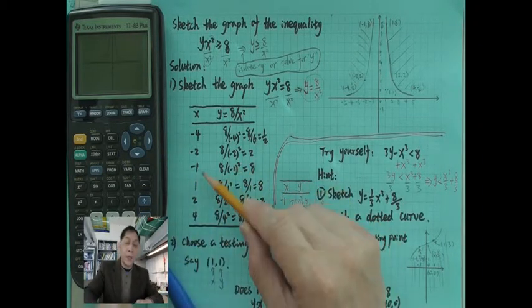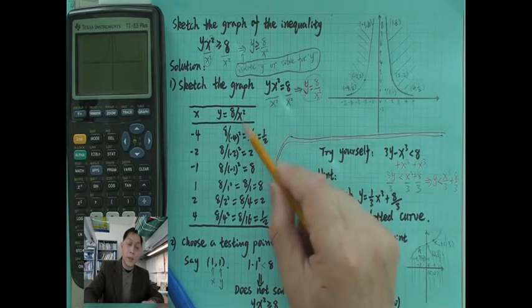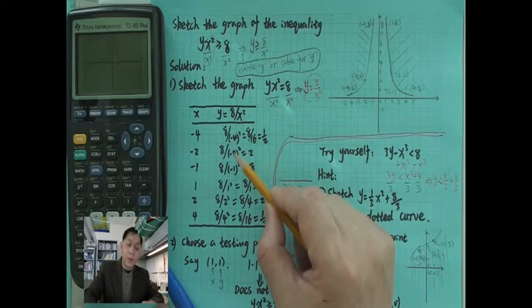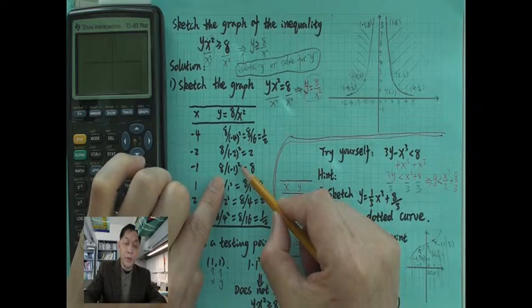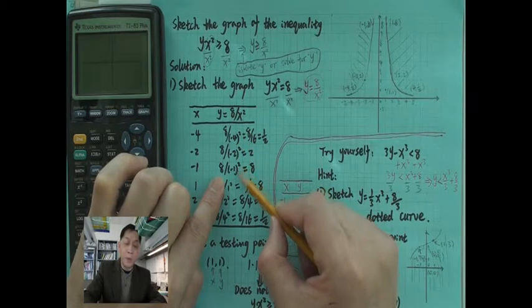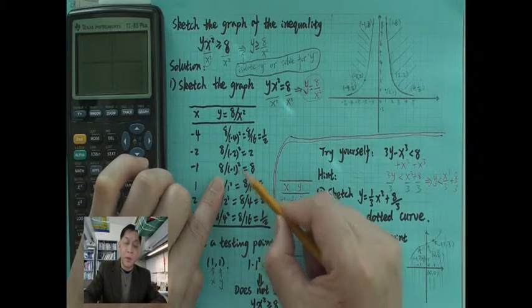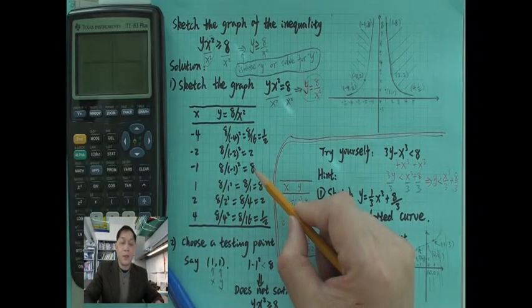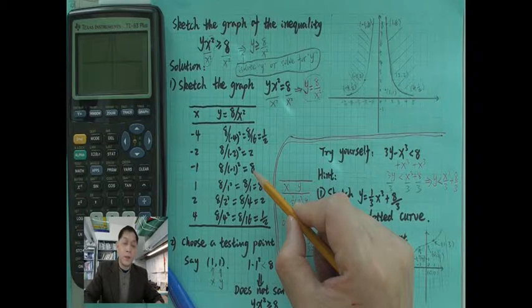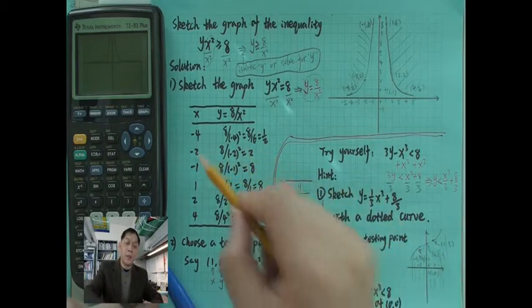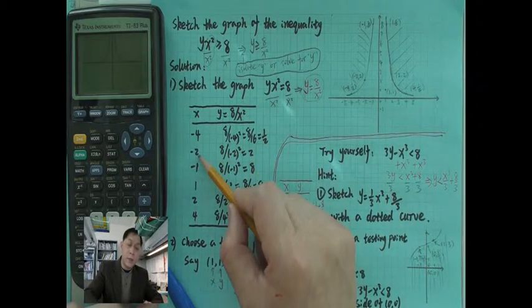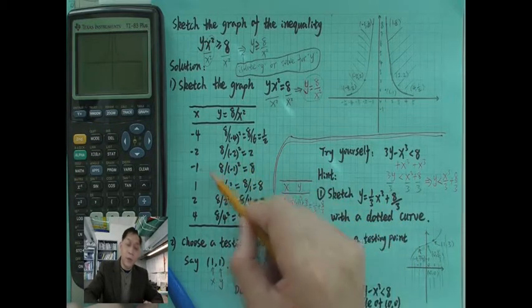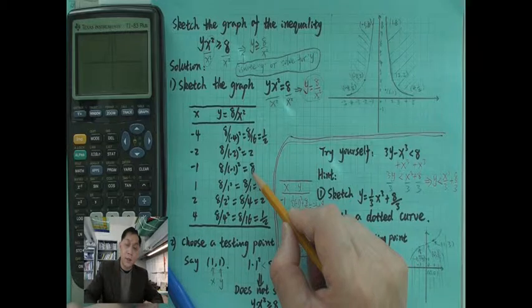If you plug in -1, -1 squared is 1, so 8 divided by 1 is 8. So you have the points (-4, 1/2), (-2, 2), (-1, 8).